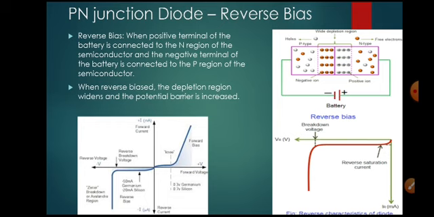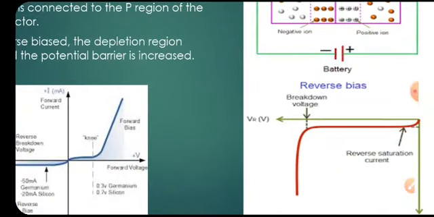So you plot a graph between voltage and current when the diode is connected in reverse bias. Up to a certain voltage there is no change in the current. This is the reverse saturation current.